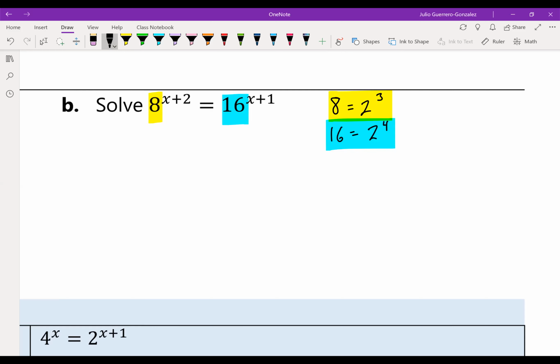In which case we get 2 to the third, to the x plus 2, is equal to 2 to the fourth, to the x plus 1.